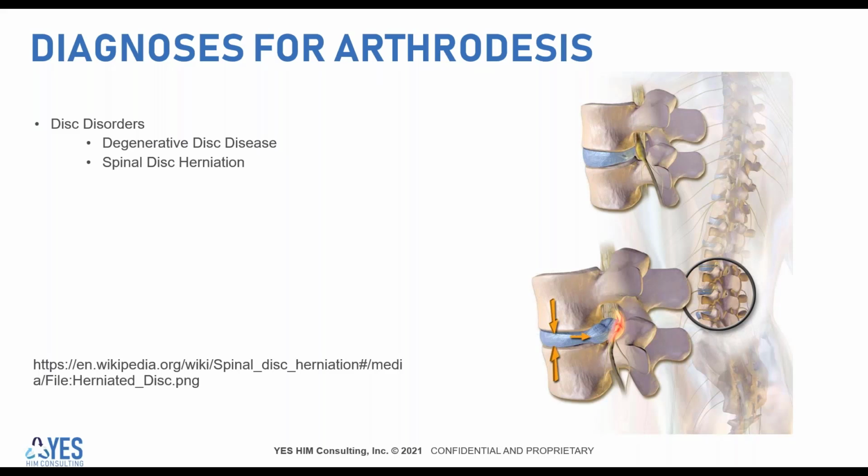Now let's talk about some diagnoses. Why would someone have an arthrodesis or a spinal fusion to begin with? A big category that you will see for this is the category of disc disorders. That could be degenerative disc disease, which is the general wear and tear of a disc, and that can cause chronic pain.